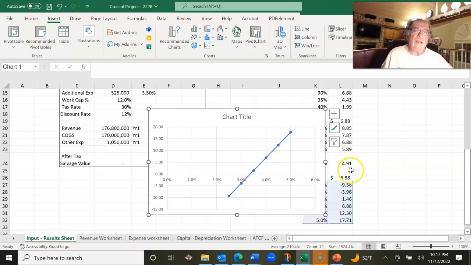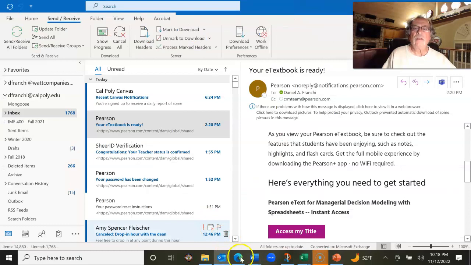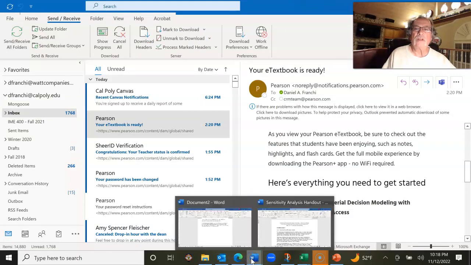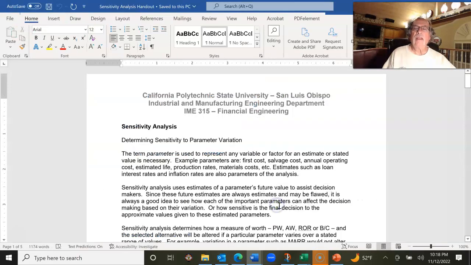So the idea is that there's no set answer for sensitivity analysis. You have to analyze the details of the project itself and find out which variables are most sensitive and decide which ones you want to talk about. Now, I have included in Canvas, whoops, wrong slide, a handout on sensitivity analysis.